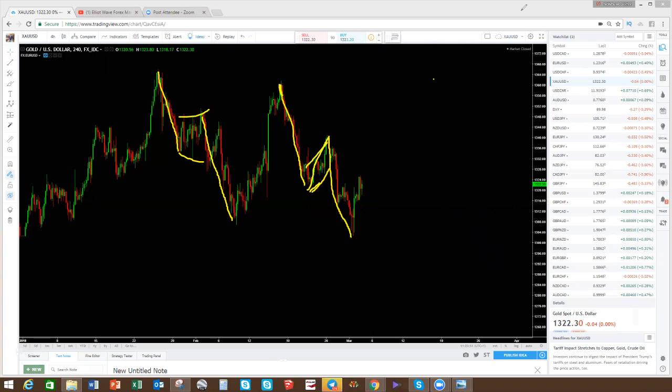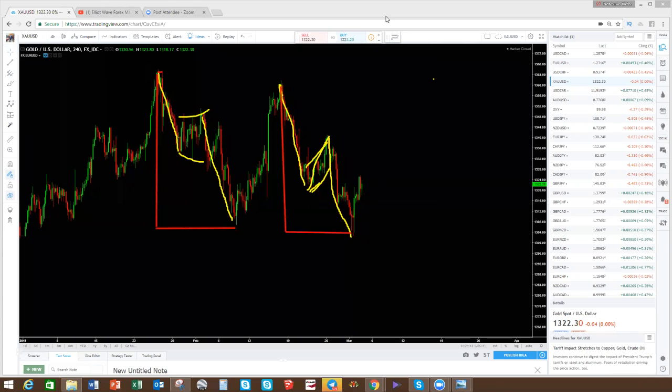And also look, it's not just the structure that is repeating itself. Even the time it takes for it to complete the structure is exactly the same. How long does it take? Exactly the same amount of time. Fractals.